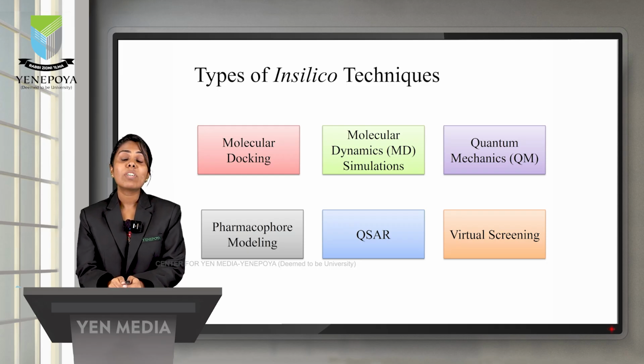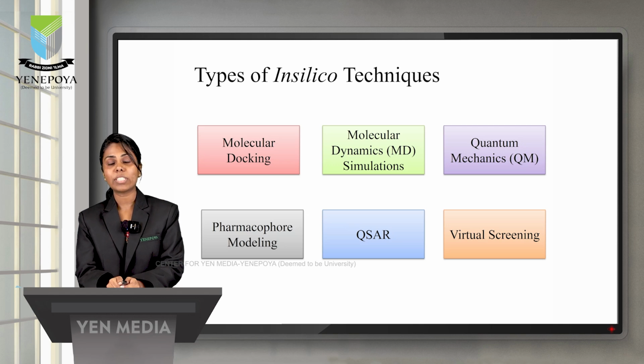Virtual screening is the searching of a large set of molecules. From this, we determine the compound which best fits the target site. Here two types exist: ligand-based virtual screening and structure-based virtual screening.